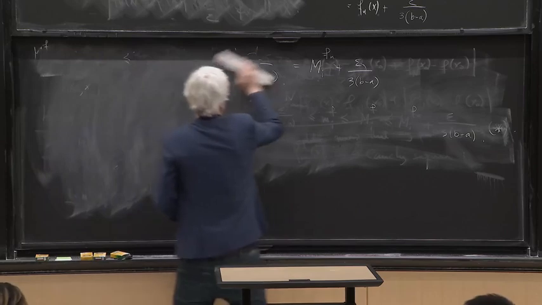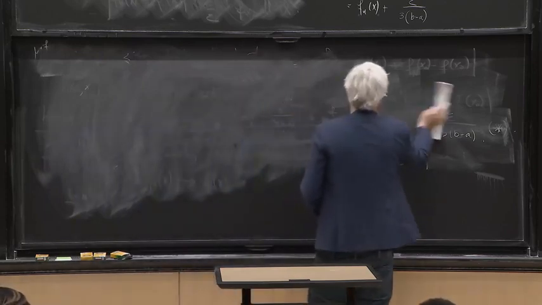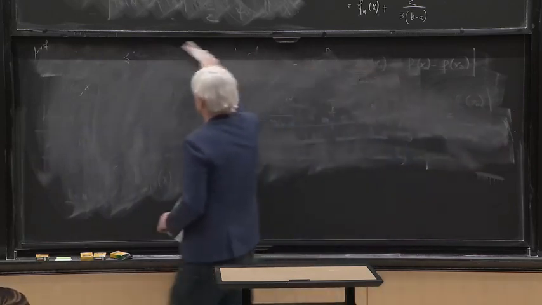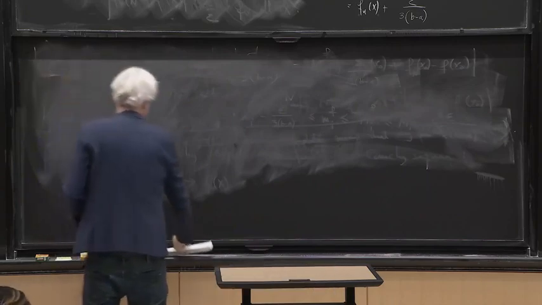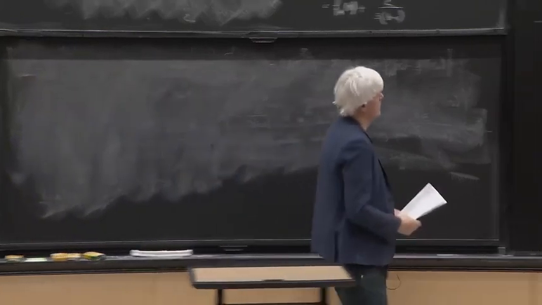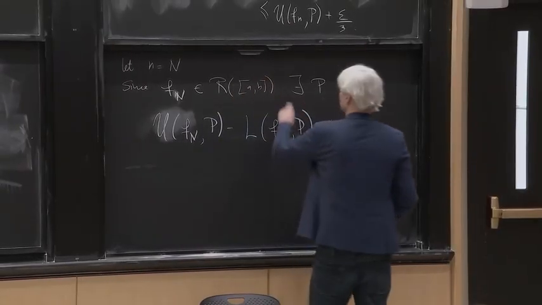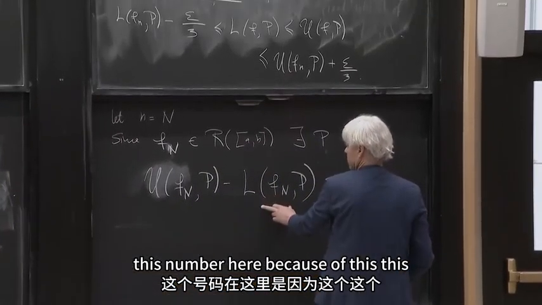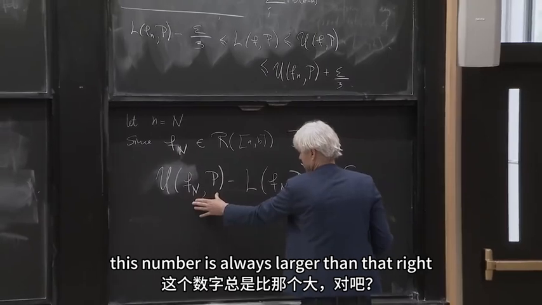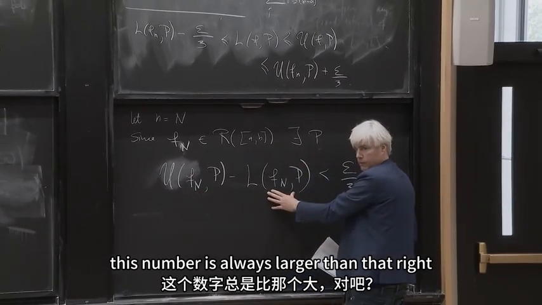So now, the first, we observe now that this number here, because of this, this number is always larger than that, right?